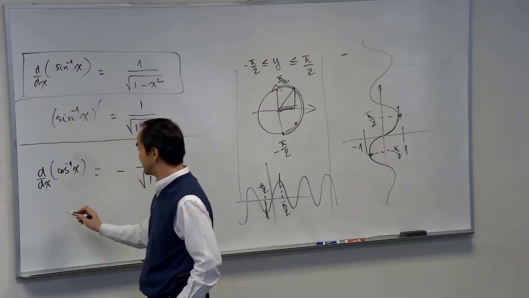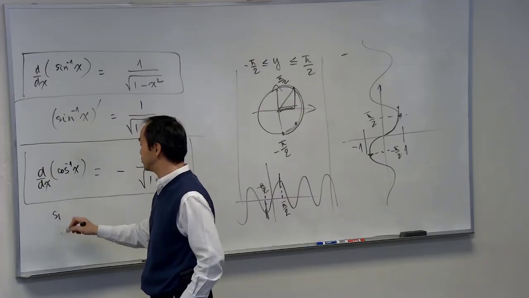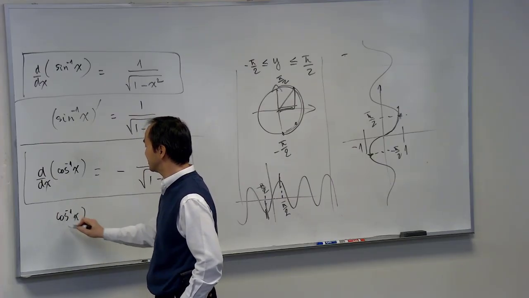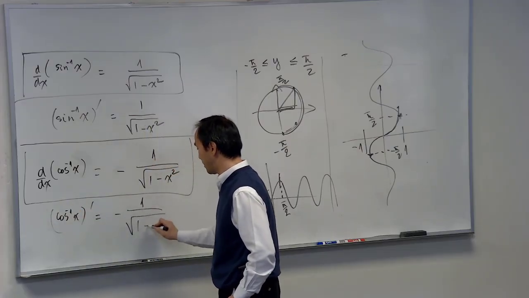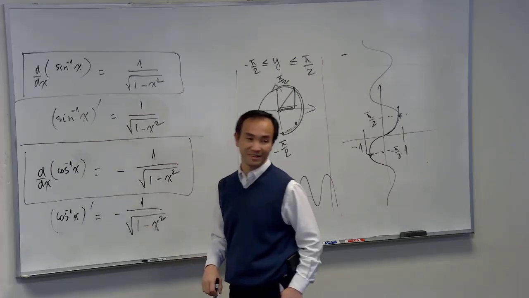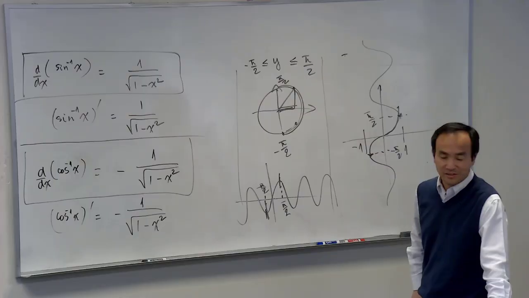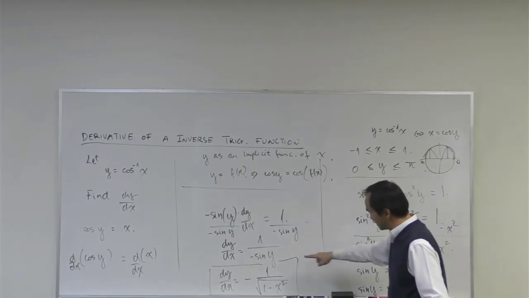Or we can just use the short formula, cosine inverse of x, the prime gives me negative 1 over square root of 1 minus x squared. But two separate formulas, you know.